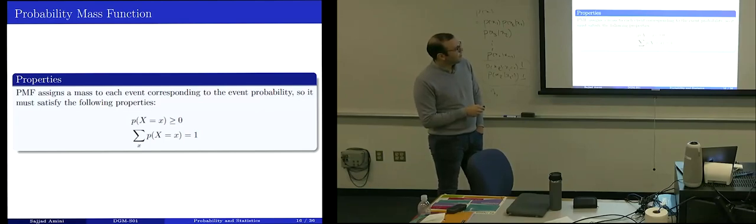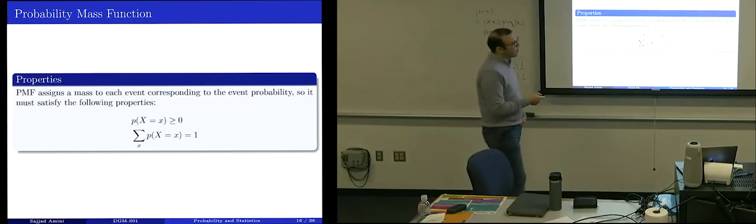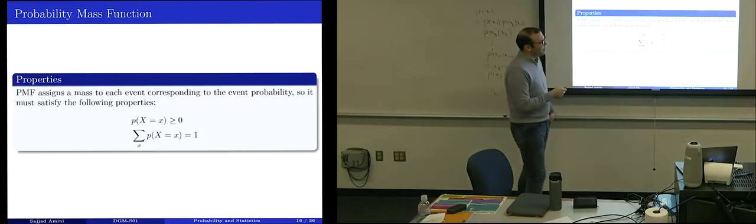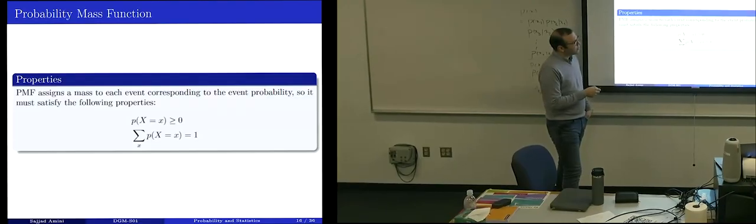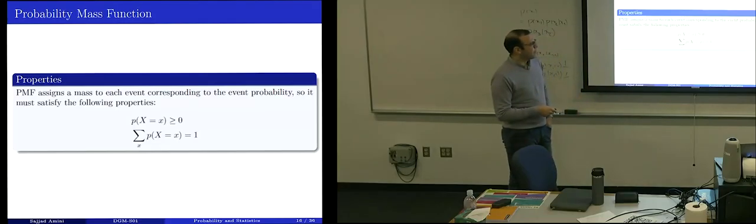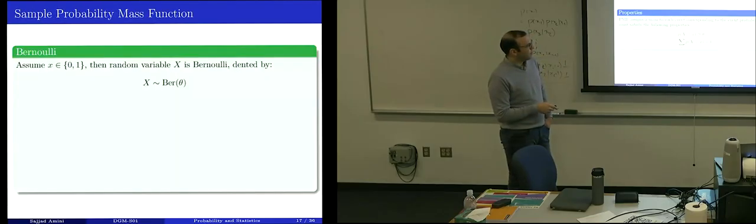The first one is that the PMF should be non-negative. It is logical because the probability of an event cannot be negative. Also, the summation over all possible numeric values should sum to 1, because you are certain that one of the elements in your sample space will happen and they are assigned to the numeric values.